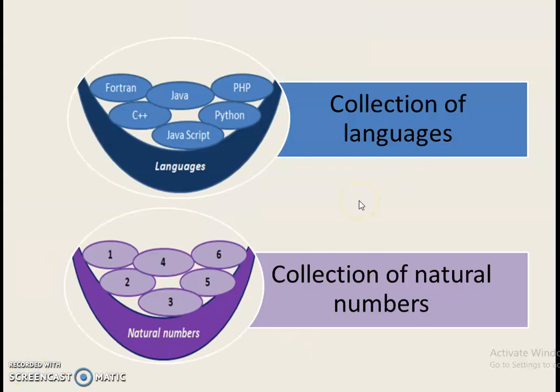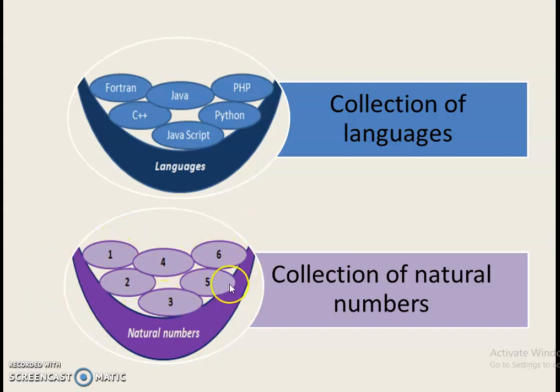As we have discussed in previous parts, a collection is like a container that groups multiple items in a single unit. Here in this image you can see we have a container named languages holding multiple languages in a single unit. Here we have one container named natural numbers grouping multiple numbers.